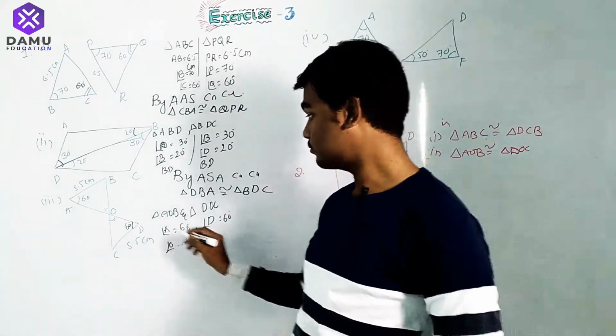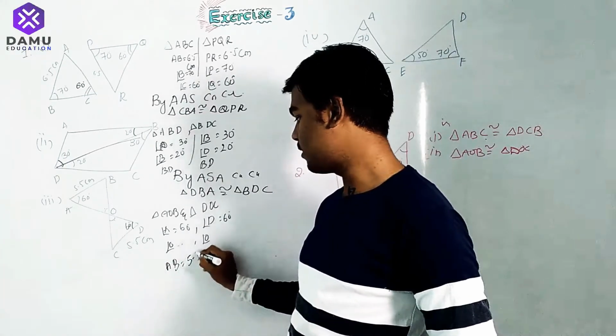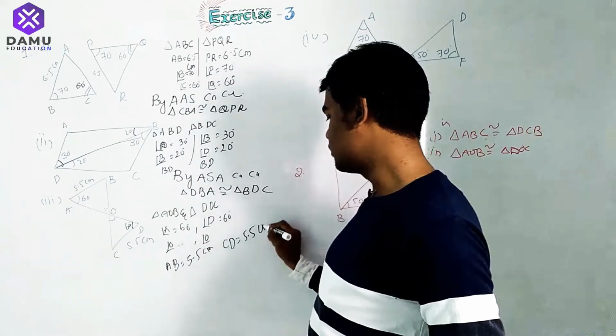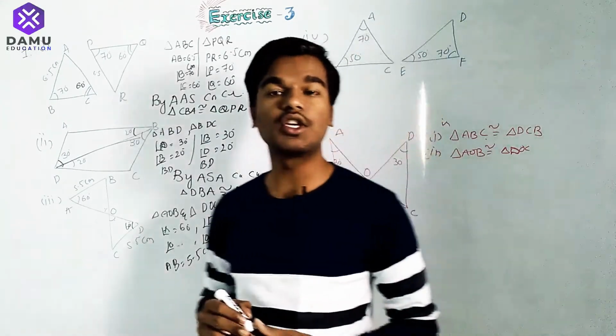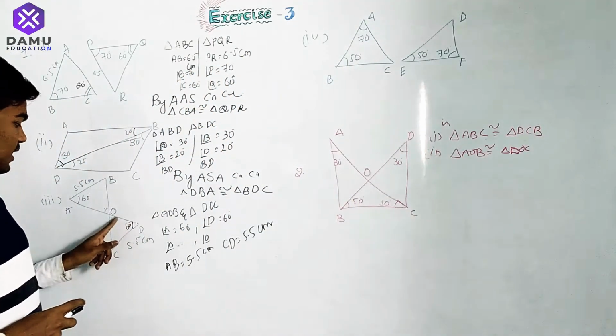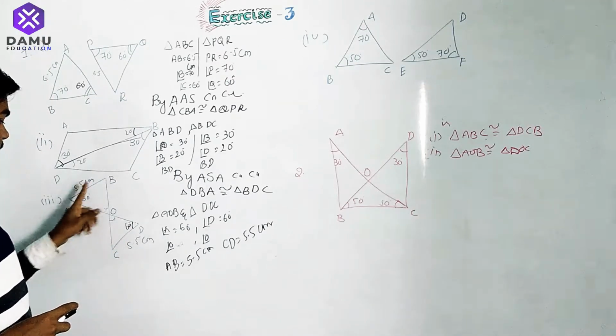Next, AB is equal to 5.5 centimeters, and CD is equal to 5.5 centimeters. By which criterion? We started with angle, angle, side.